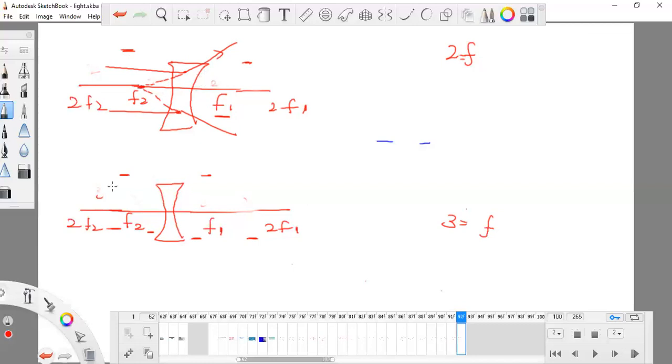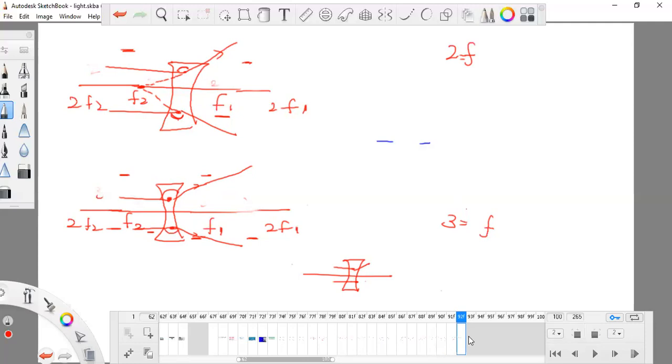So it is diverging, but the one with more focal length is comparatively less diverging. If I take a focal length of 4, it will be very less diverging. I'm not talking about the light rays, I'm just talking about the angle of divergence, how it is diverging. It is just going away.